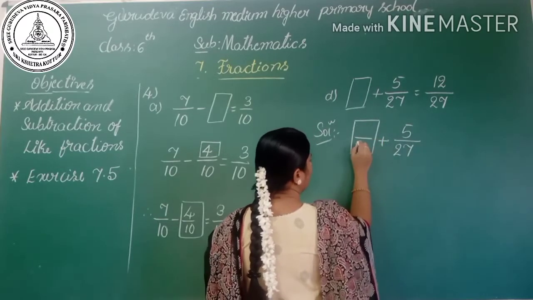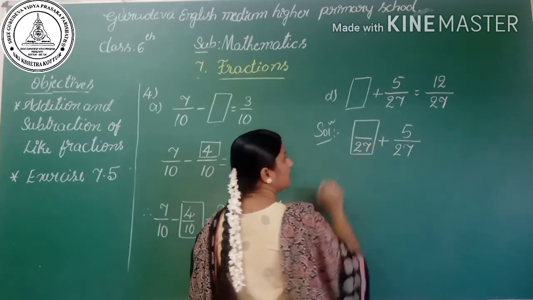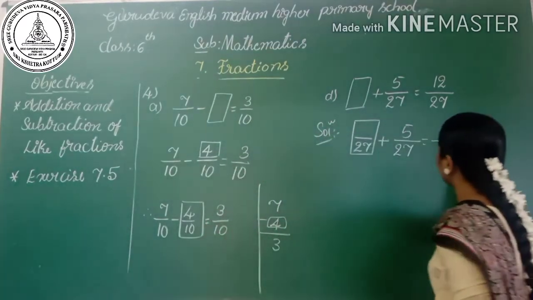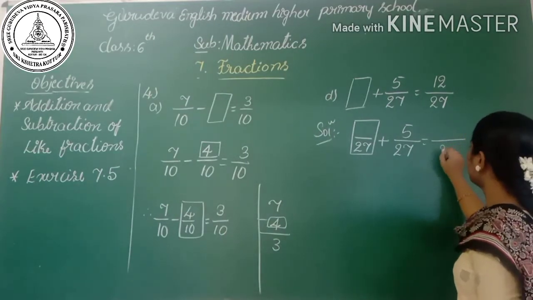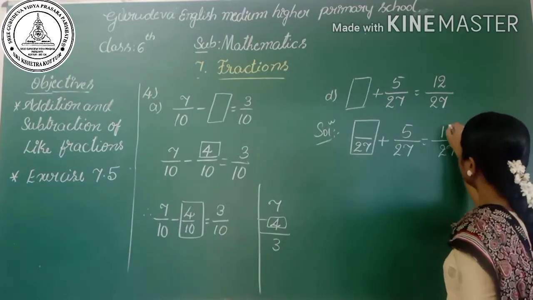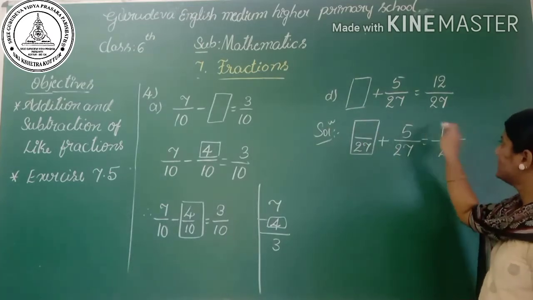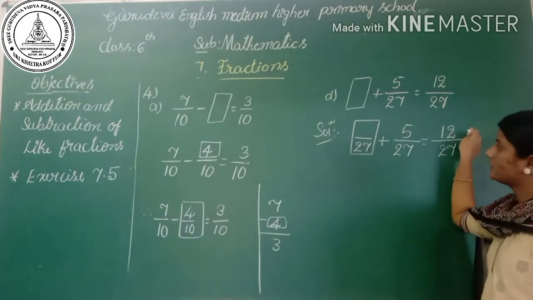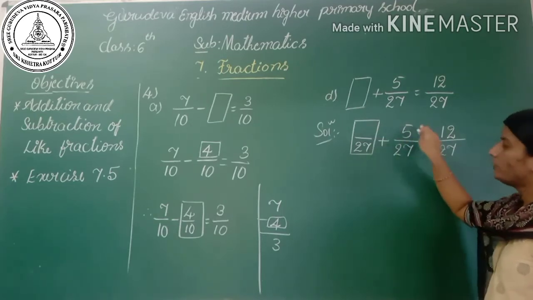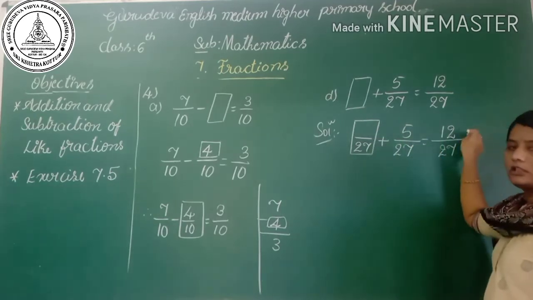Here 27 is the denominator, so we write 27 in the denominator, and the numerator is blank plus 5 is equal to 12. How much do we have to add to 5 to get 12?